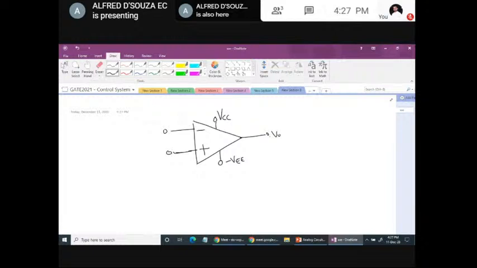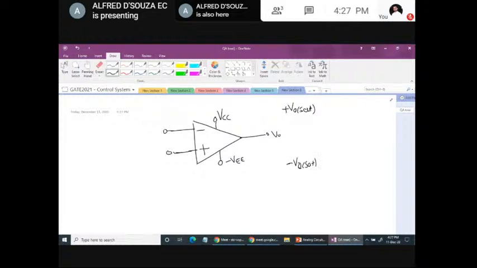Typically, the output V0 can reach only up to the supply rails. Positive maximum output that we can get is either VCC or slightly less than VCC. That is known as V0 saturation. Towards negative, slightly lesser than minus VEE. That is minus V0 saturation.